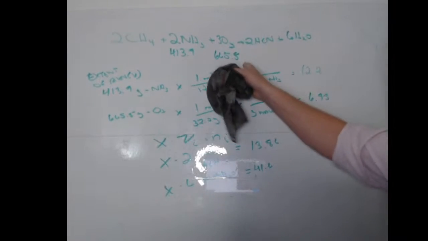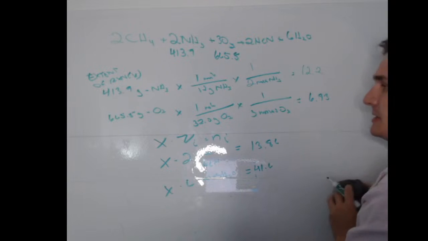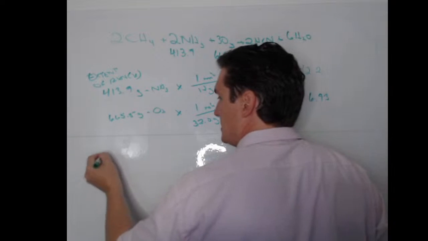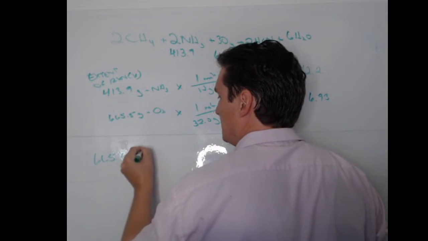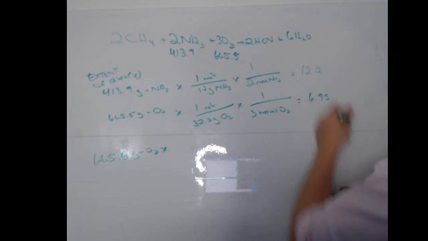The reason we do the 1 here is that it's unitless, so the extent of reaction has no units. Now, if you wanted to just convert, let's say we took 665.5 grams of O2, and we wanted to go to moles of, let's say, HCN.